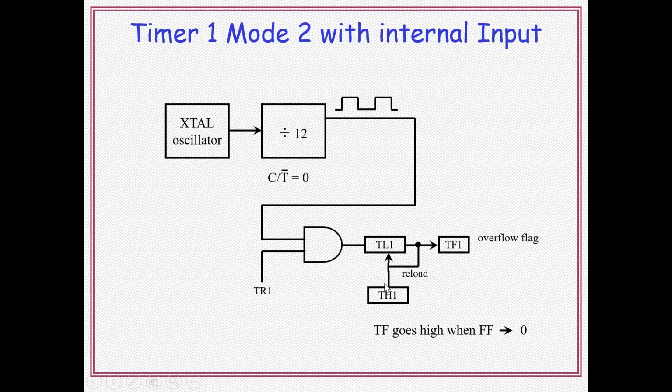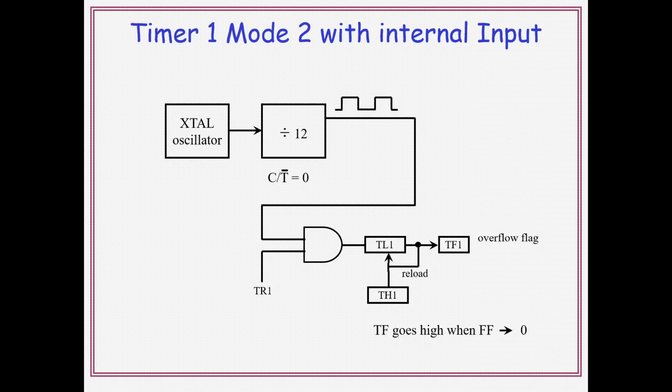After that, whatever value is in TH0 or TH1 is copied into TL0 or TL1, which performs the increment operation for every clock pulse. Finally, if it rolls over to 00, it sets the overflow flag, and at the same time, the value in TH0 or TH1 is copied into TL0 or TL1.